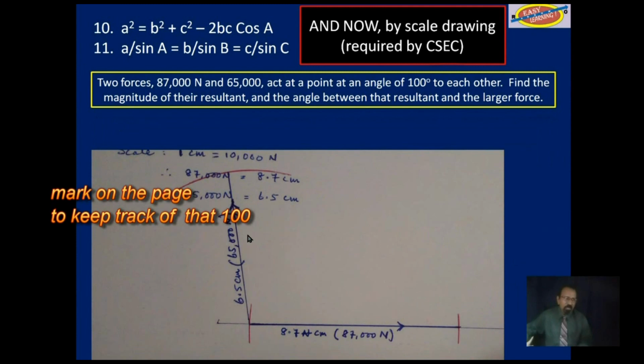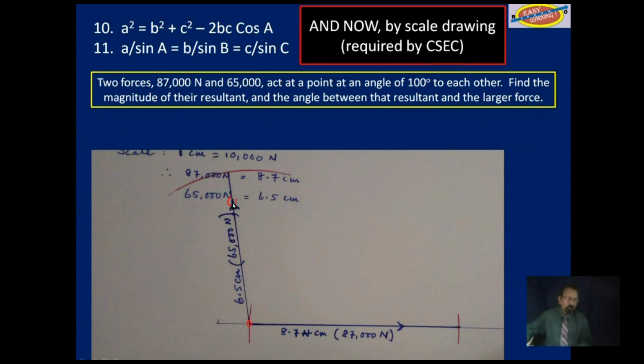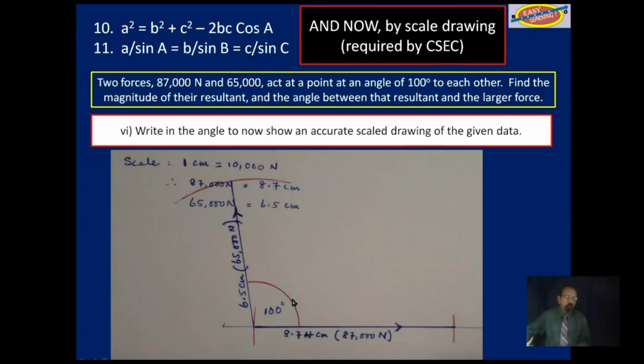Once we reach that 100, we draw a line from the origin through the point we marked off, 6.5 centimeters, writing 65,000 newtons, and then you write in the 100 degrees here. At this point, we have drawn to scale the information we were given.